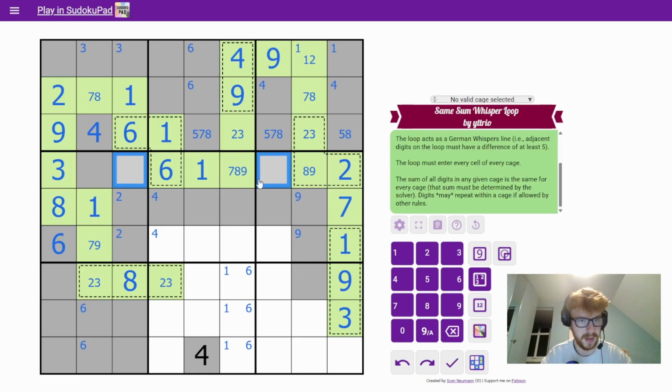Yeah, you need 4, 5, and then 7, 8, or 9. Digits may repeat in a cage is such a... It messes me up so much, more than I would expect. If that is a 7, that has to be a 2. If that's a 9, it can be anything. I don't see anything else with that.